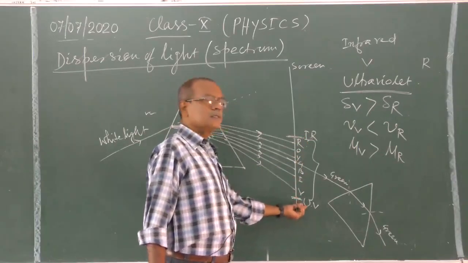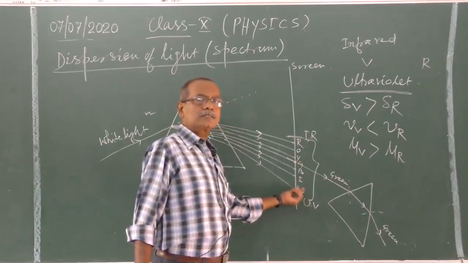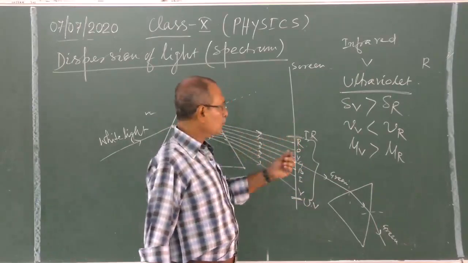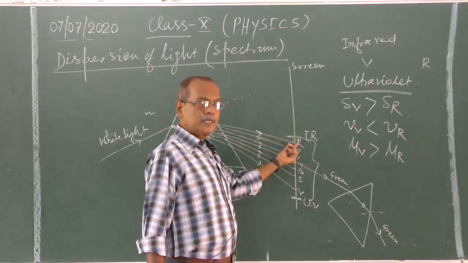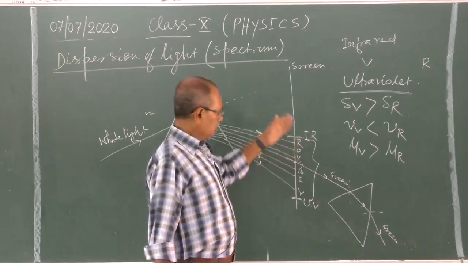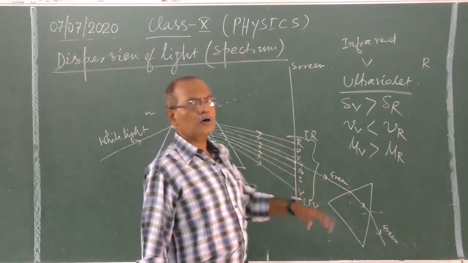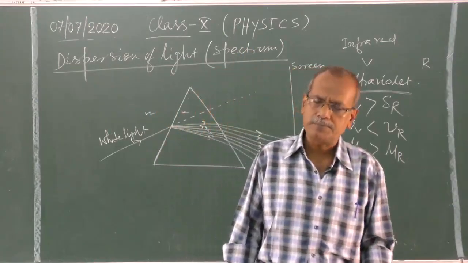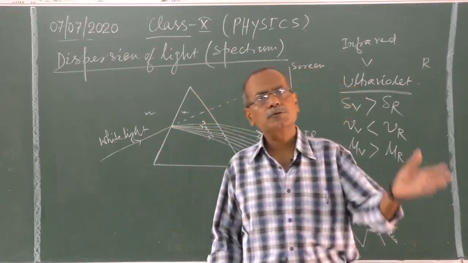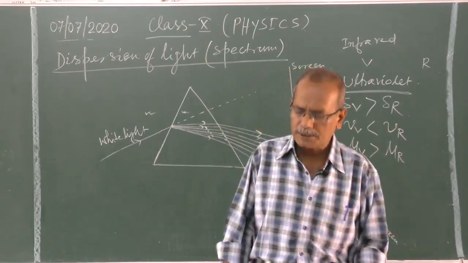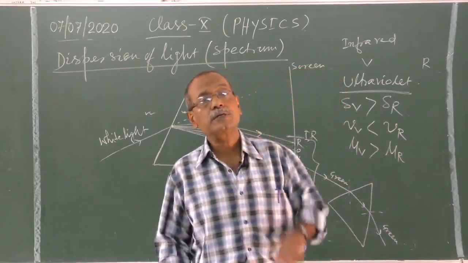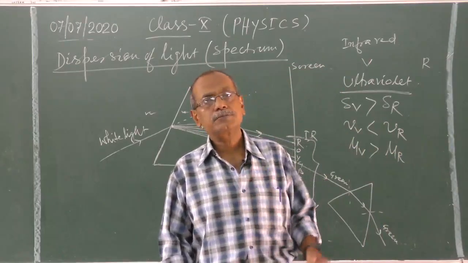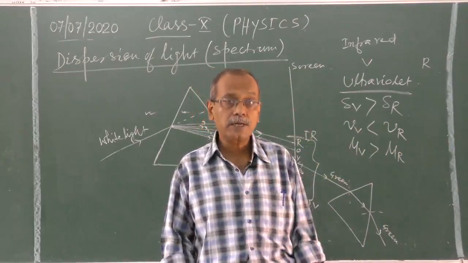It means the wavelength of ultraviolet is less than violet, and the wavelength of infrared is more than red. All these colors or radiations are electromagnetic waves. They can move in vacuum as well as transparent medium, but in a transparent medium their speed will change. Due to the change of speed, they will deviate, that is refraction.